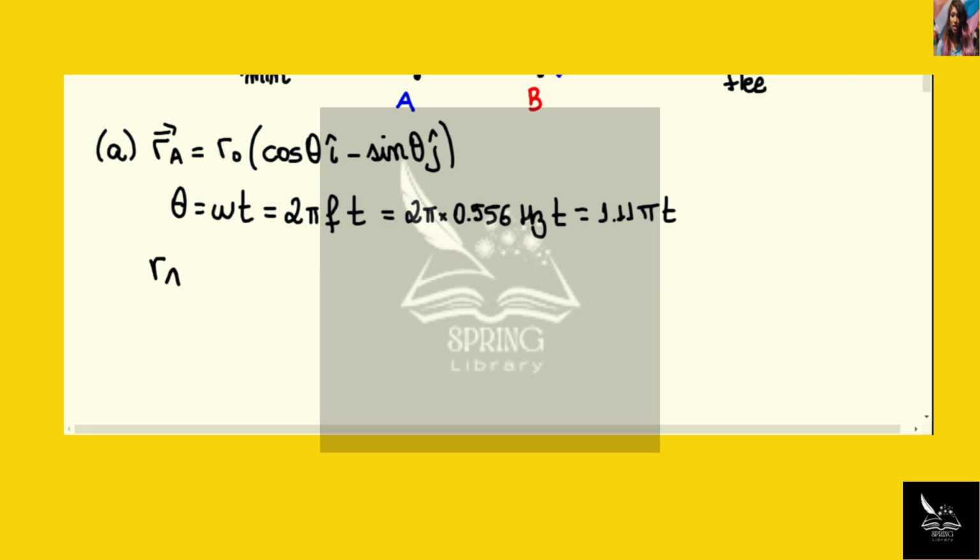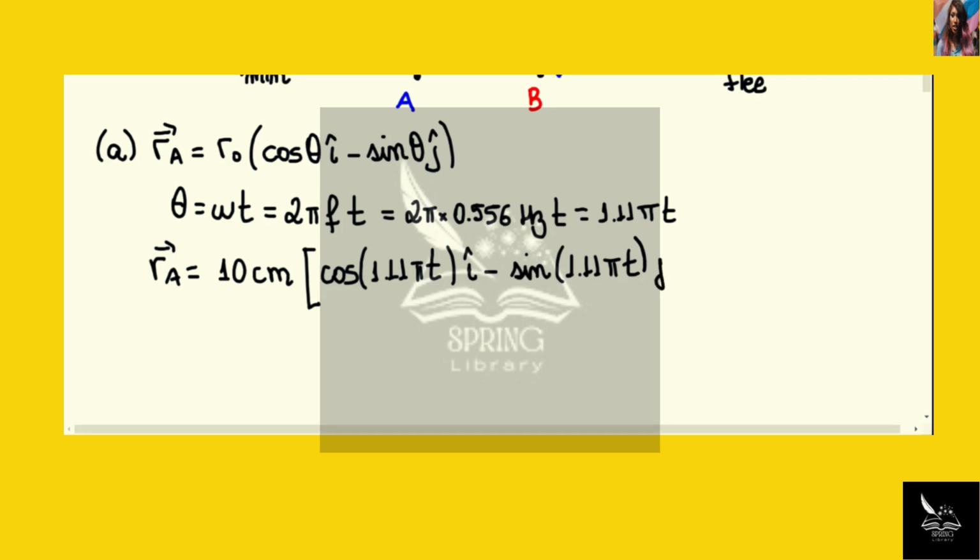So R A is 10 centimeters times the cosine of 1.11 times pi times t minus sine of 1.11 times pi times t in the y direction.